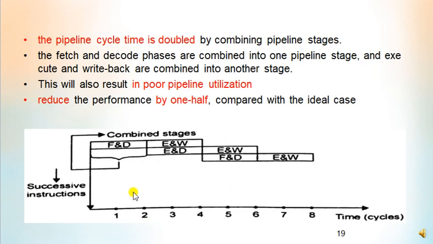This one is another example. Here the stages are combined, that is, the fetch and decode phases are combined into one pipeline stage, and the execute and write back are combined into another stage. So this will result in poor pipeline utilization and reduce the performance by 1/2 compared to the ideal case.